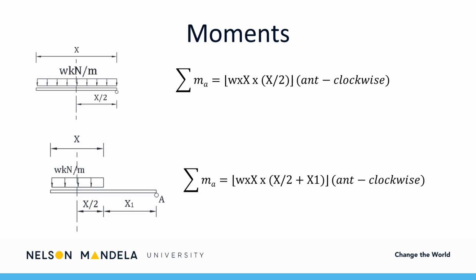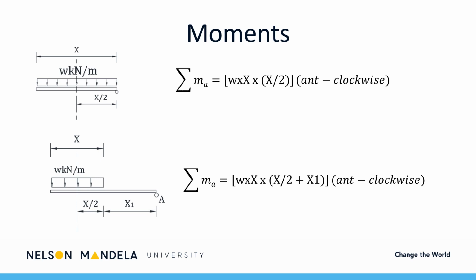There's no point assigning negative or positive, as long as I know the direction of the moment is anti-clockwise. Then let's look at the uniformly distributed load now, but it's not applied over the entire beam like the one above.